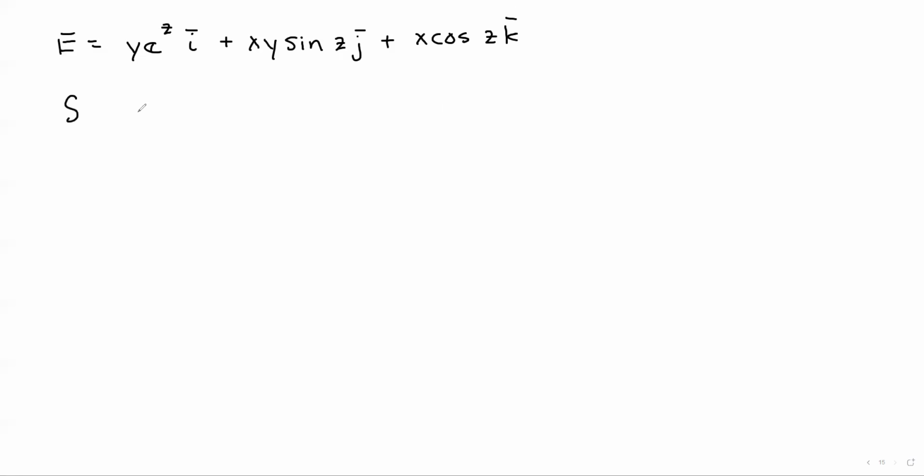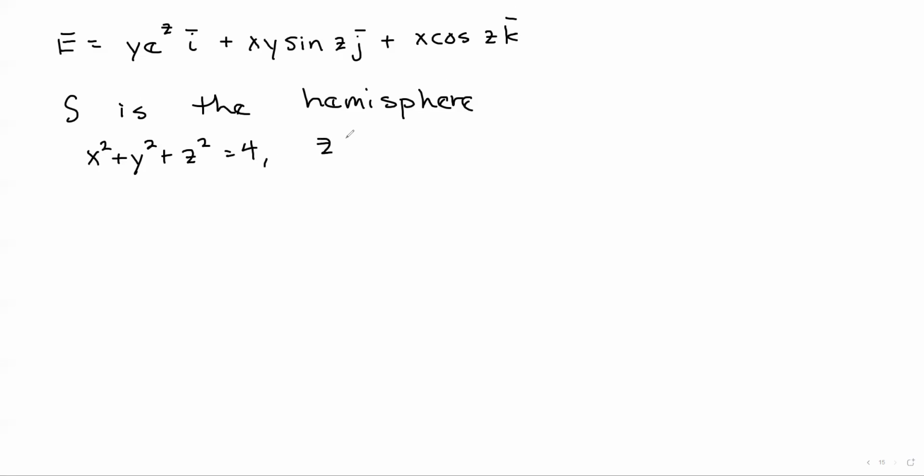And we have S is the hemisphere x squared plus y squared plus z squared equals 4, z greater than or equal to 0.